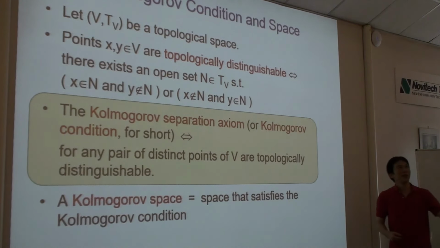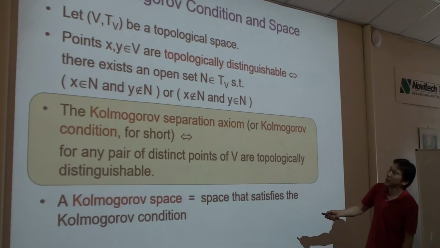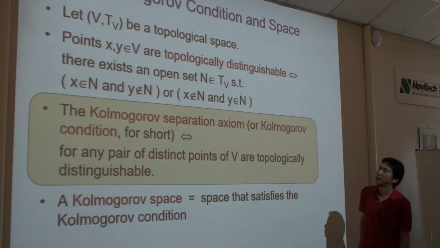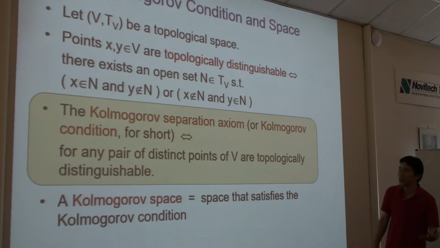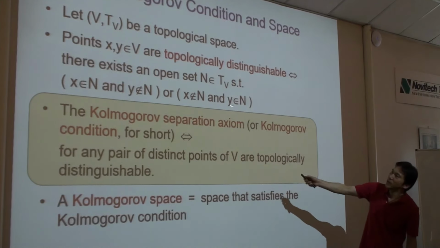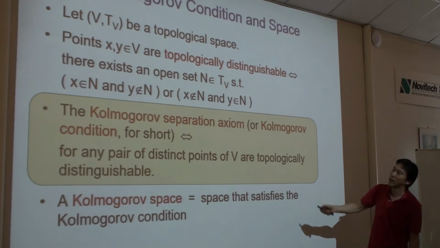Okay, so we just make the comparison between the two different properties. So I just checked out the topology and the topological properties, and this is one of them: the Kolmogorov separation axiom.